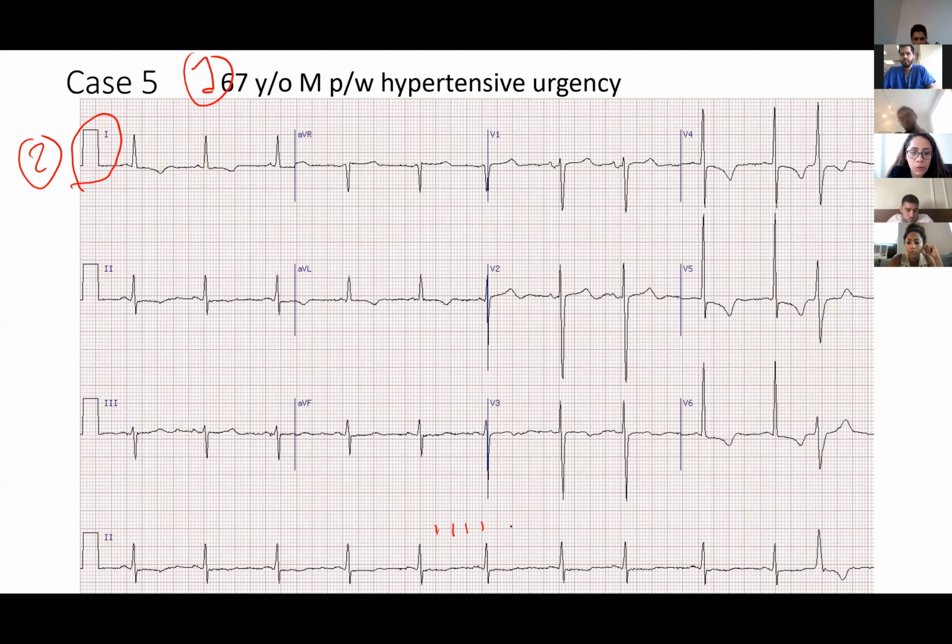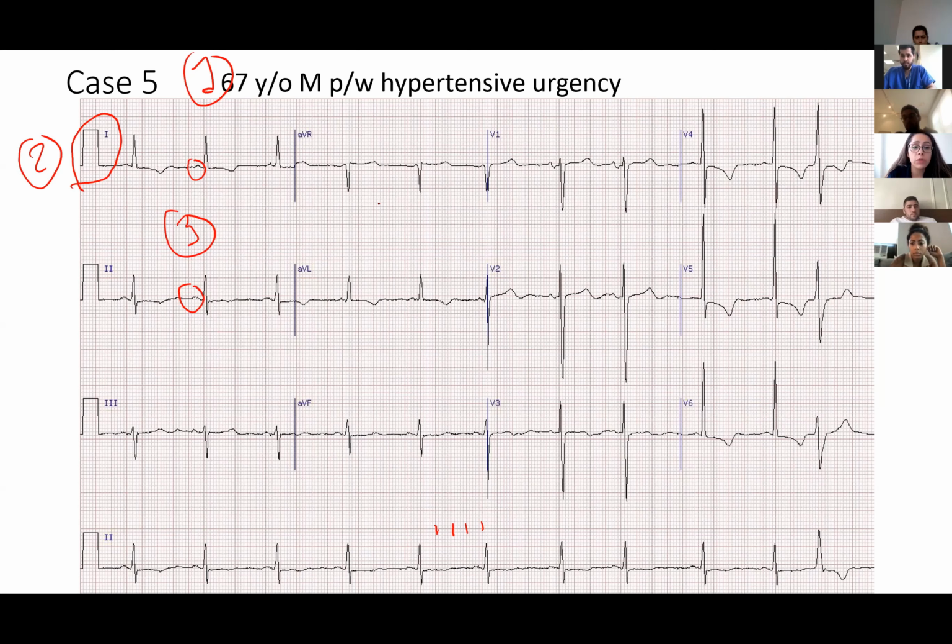The next thing we're going to see is the P. We can see, for example, in D1, the P before the QRS, also in D2, the P before the QRS. Then we can see the PT that seems to be normal.